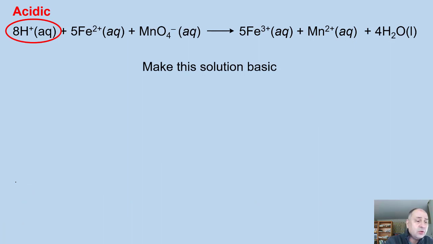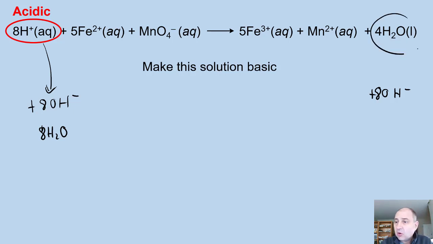In order to neutralize them, I have to add 8 hydroxides, and so we add 8 hydroxides on the product side as well. That makes 8 water molecules. And since I have 4 on the product side, they drop out. This gets reduced to 4.